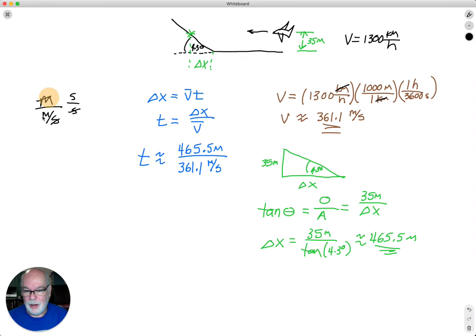These also divide out, and what I'm left with here is seconds, which is what we want. It's a time. And so the time becomes approximately 1.29 seconds. And so she has about 1 1/3 seconds to pull up on the stick to avoid hitting the ground.